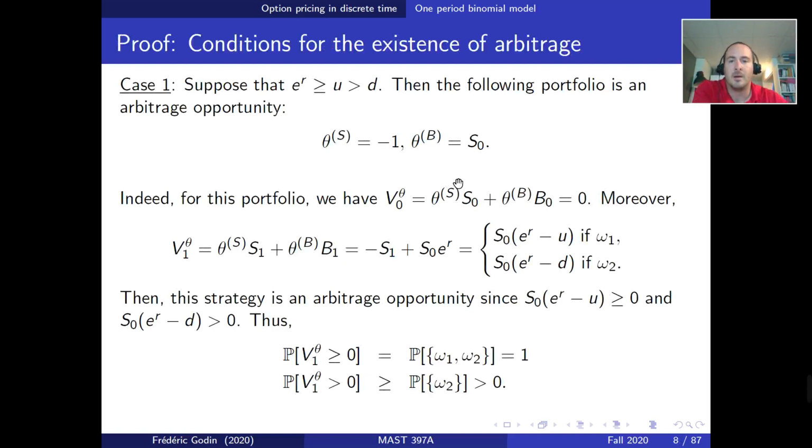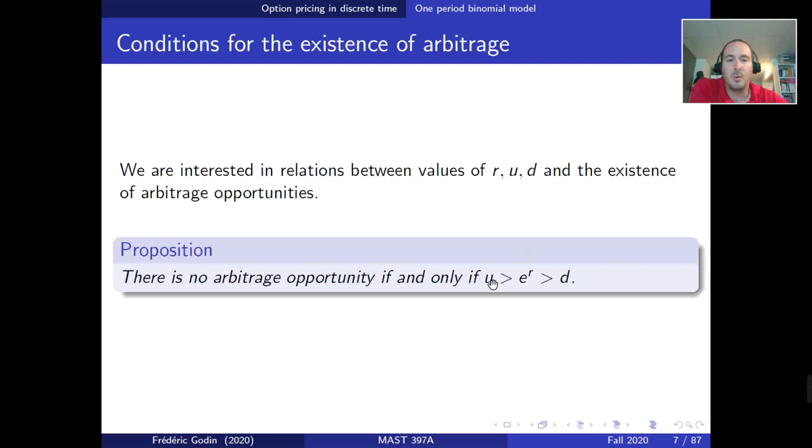Then let's prove the result. We want to show that this must hold to prevent arbitrage. First we're going to see what happens if this inequality doesn't hold.